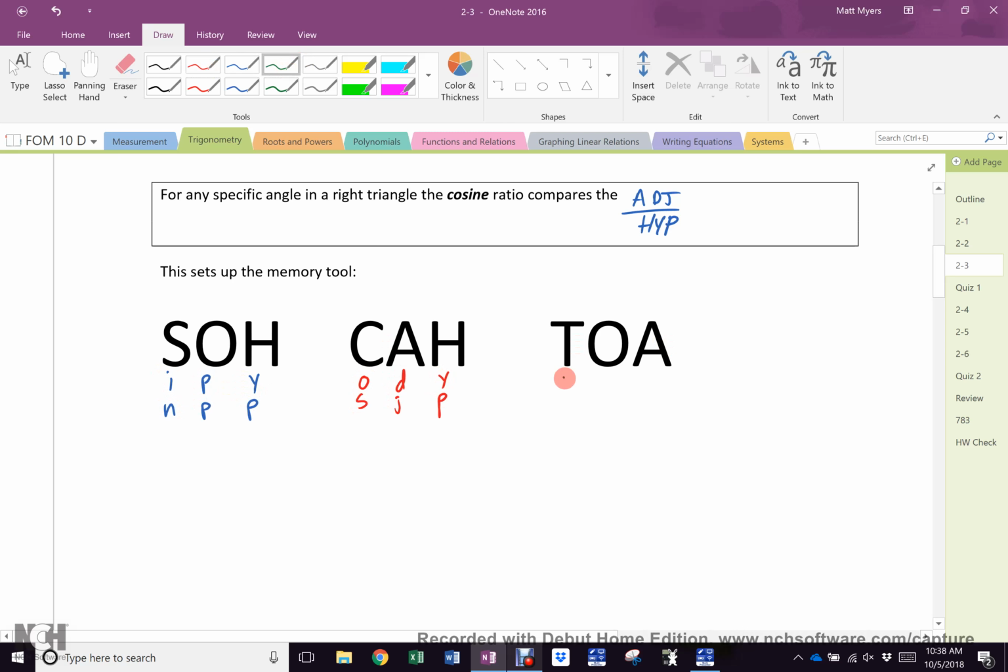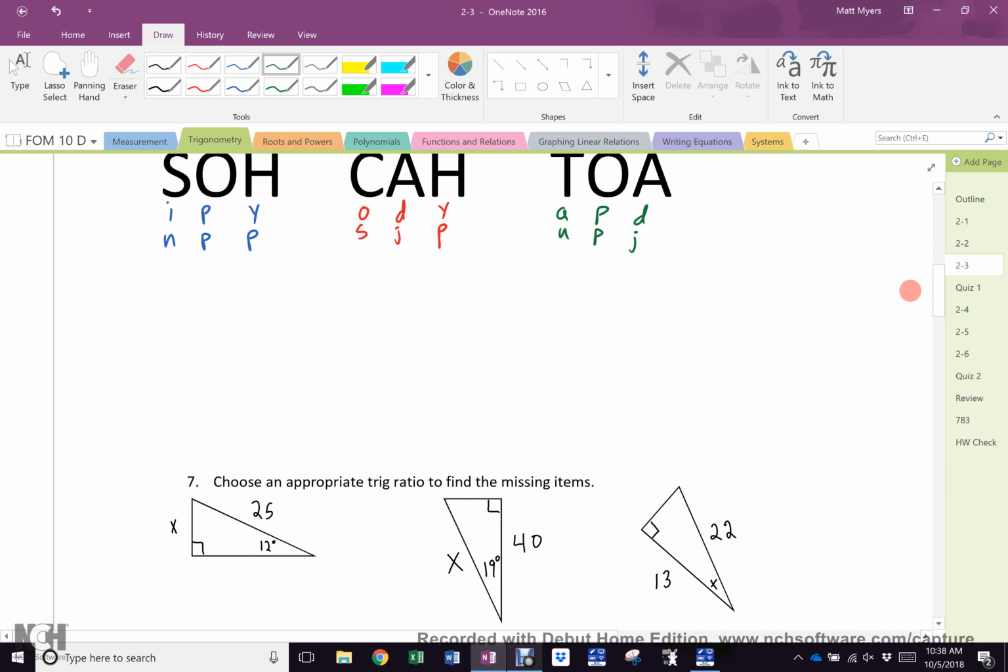And the tangent is the opposite divided by the adjacent. Okay? Will I ask you to memorize that? Nope. Have I asked you to memorize any other formulas? Nope. It's on your formula sheet. Will your life be easier if you memorize it? Of course it will.